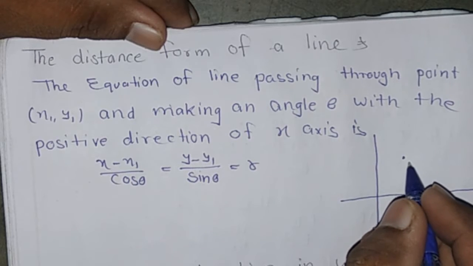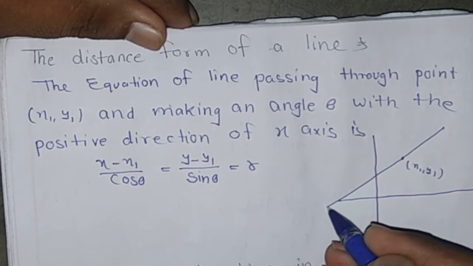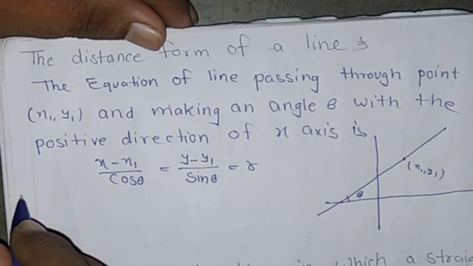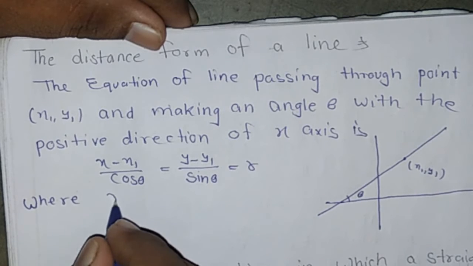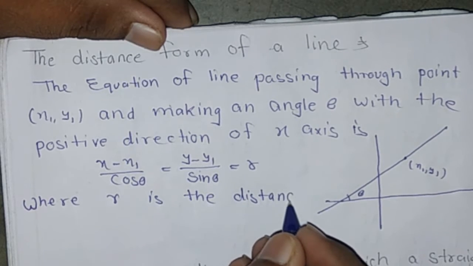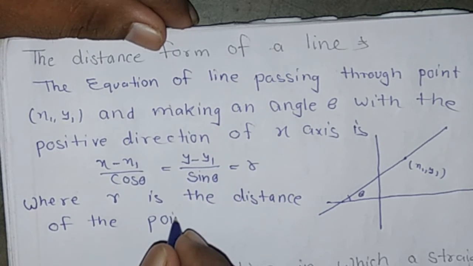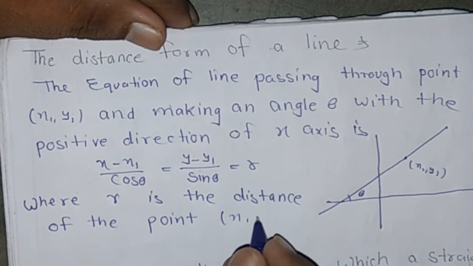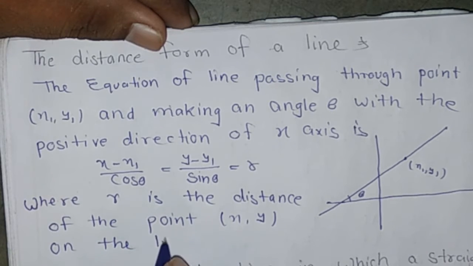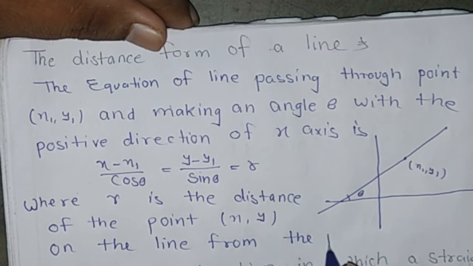Suppose it is a line through the point x1, y1, and this line makes an angle theta with the positive direction of x-axis, and r is the distance of the point x, y on the line from the point x1, y1.